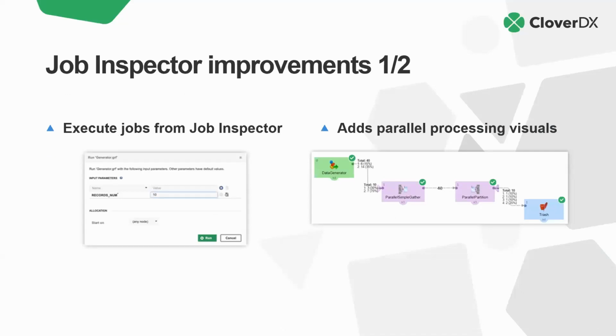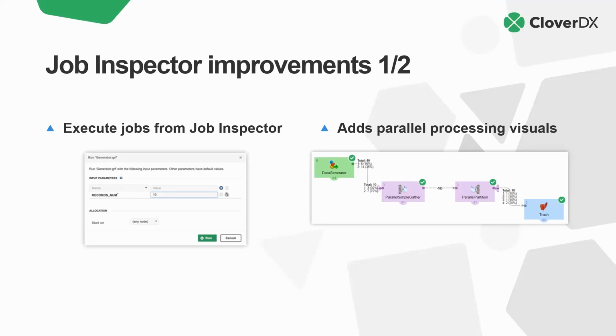With Job Inspector, there are actually some improvements which I did not mention. One of which is the ability to run a job directly from Job Inspector. It's actually more powerful than it was before in the Sandbox view, where now you can define parameters and you can rerun a job from Data Inspector directly. You don't have to go through the executions history dialog.